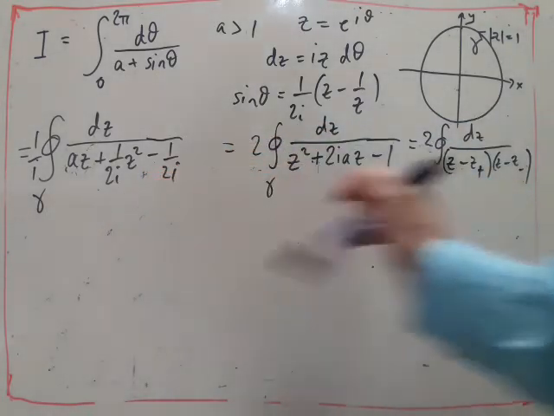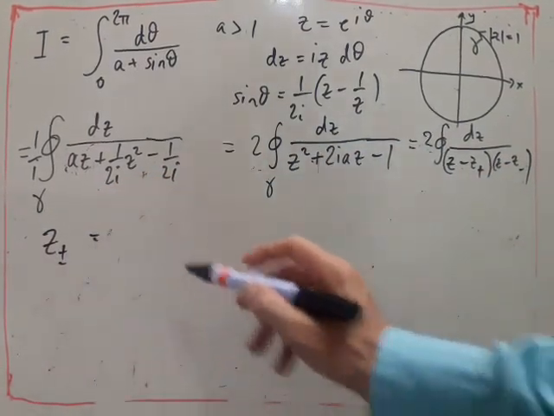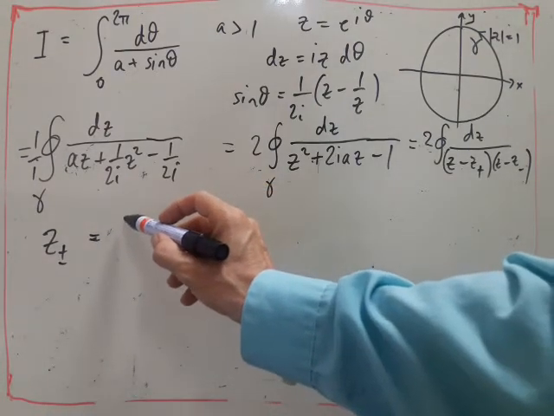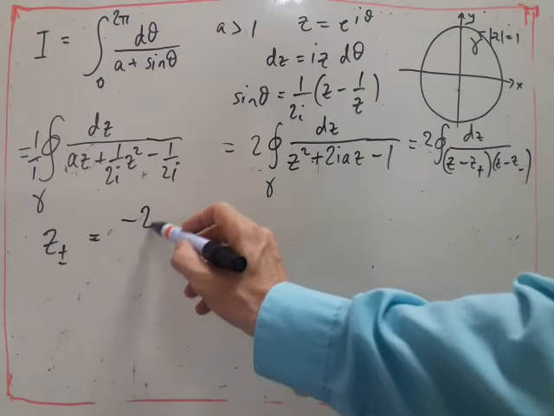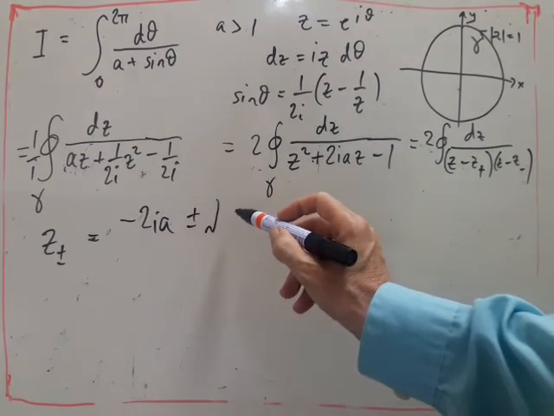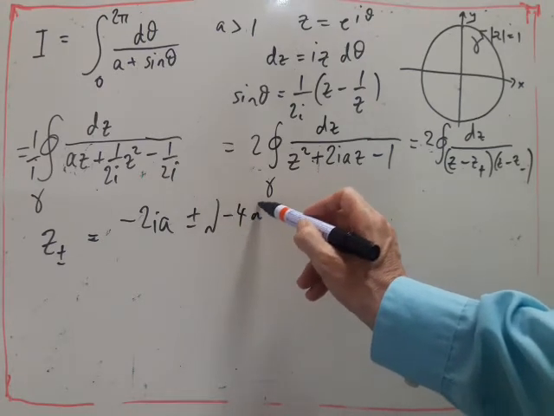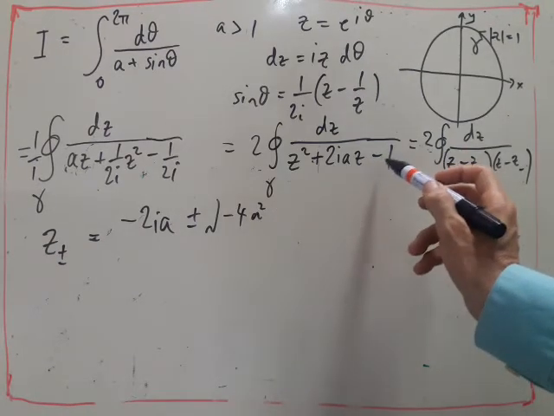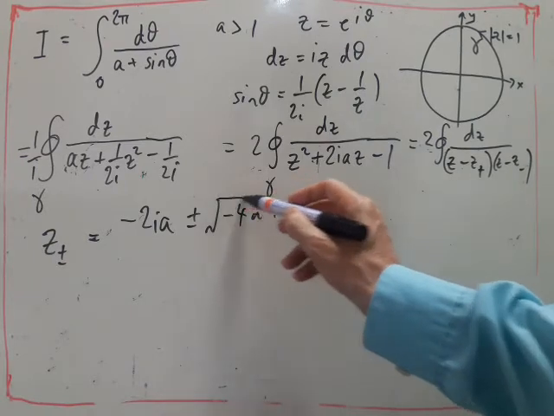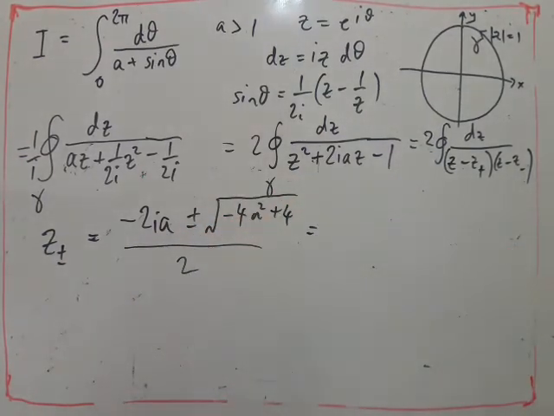I can now just go ahead and work out what these things are. So z plus or minus is equal to, just using the ordinary quadratic formula, minus b plus or minus root b squared minus 4ac, which is minus 4a squared minus 4, so that gives me, minus minus gives me, divided by 2.